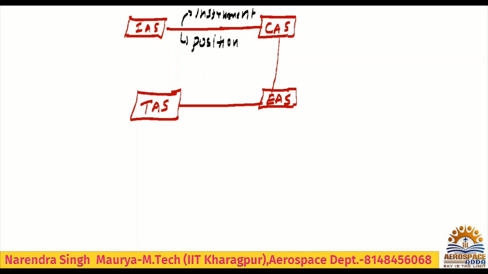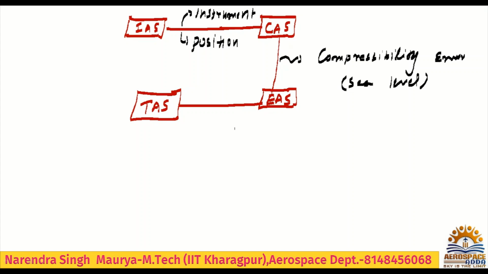In calibrated airspeed, you again have to correct compressibility error, then you will get equivalent airspeed. Again you have to check altitude error, so you will get true airspeed. So how are both related to each other? I'll go with this simple diagram.